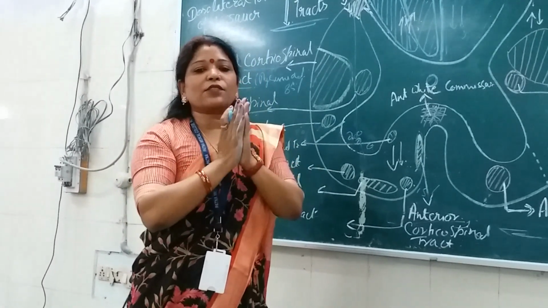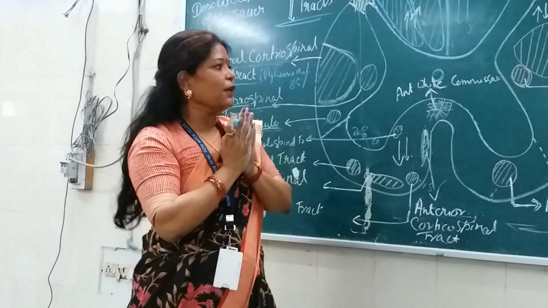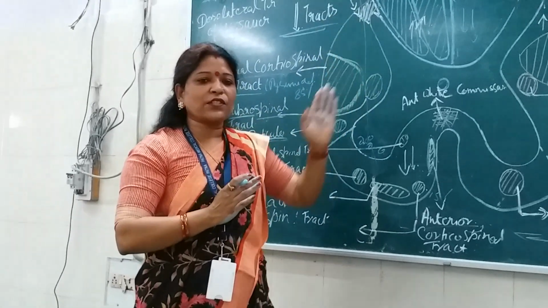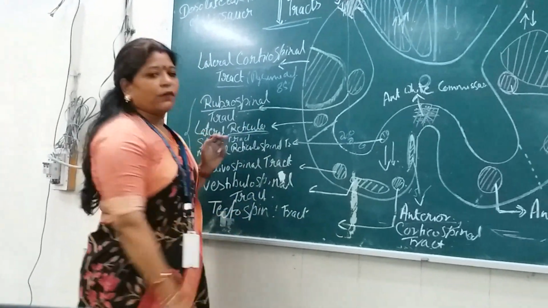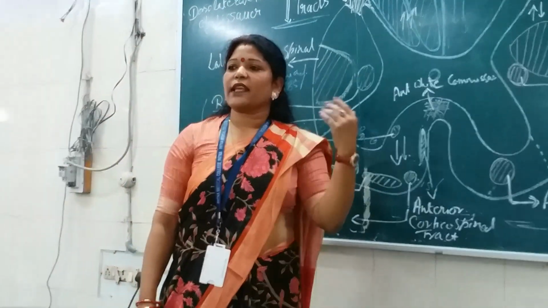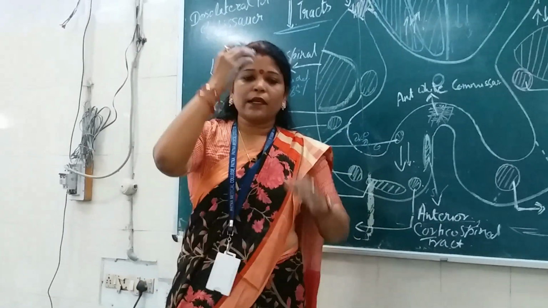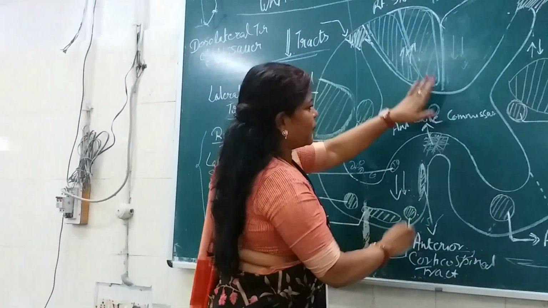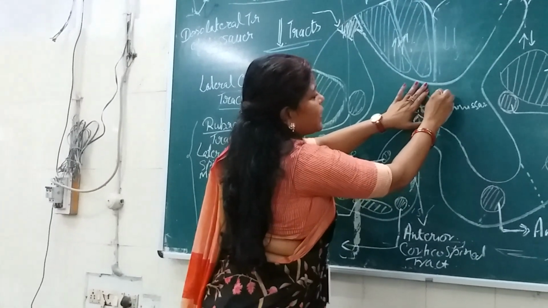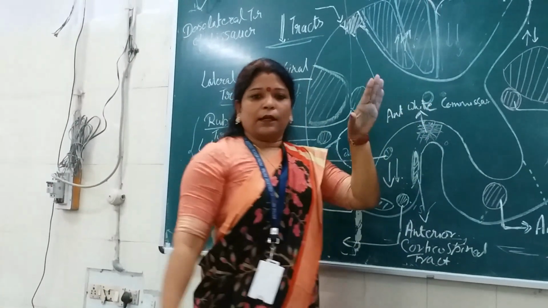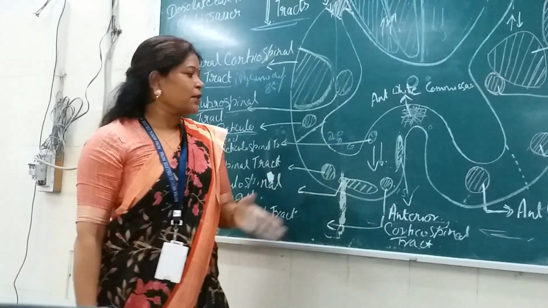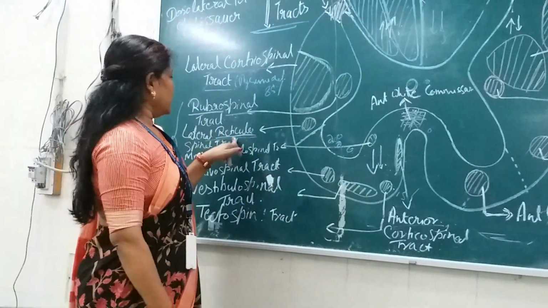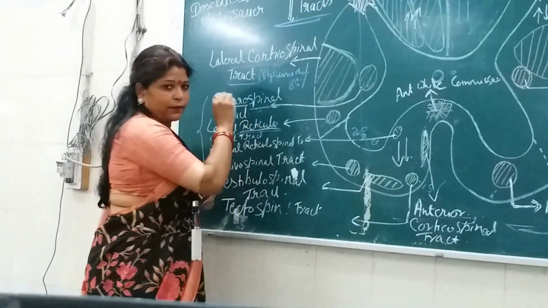Centrally placed masses of gray matter neurons are there, and the fibers, axons which are arising from there, will be known as reticulo, whether arising from the pons or the medulla. That means it is a midline structure of the brainstem, and some neurons are present here, some here in the pons and the medulla oblongata just around the mid axis. That very neuron which gives the axon will be known as the reticulospinal tract.